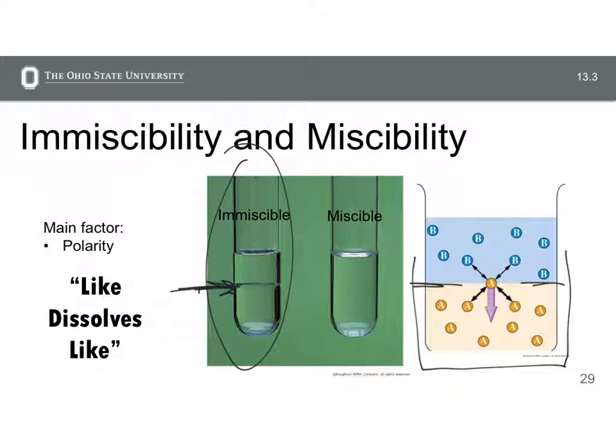There's a lot of interactions that need to take place, and they're going to occur at that interface if mixing is going to occur. Now, what this figure is trying to show you is that there's a lot more pull in terms of molecule A to itself than there is to molecule B or part B.